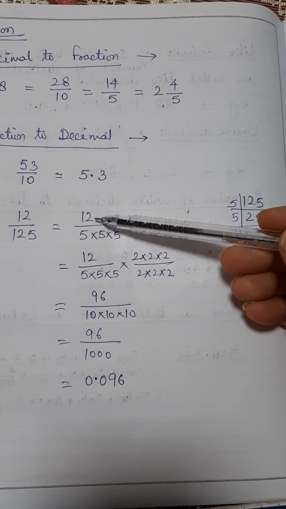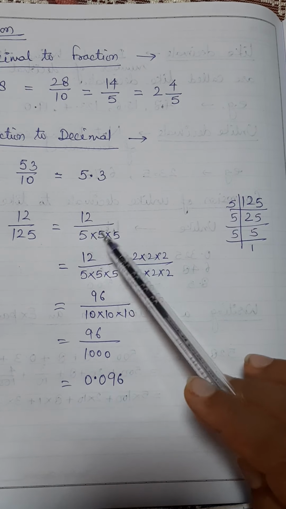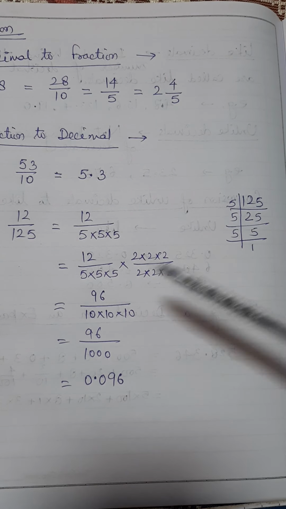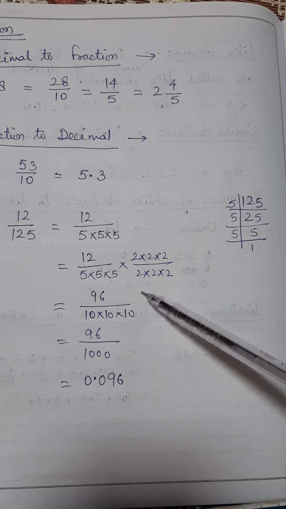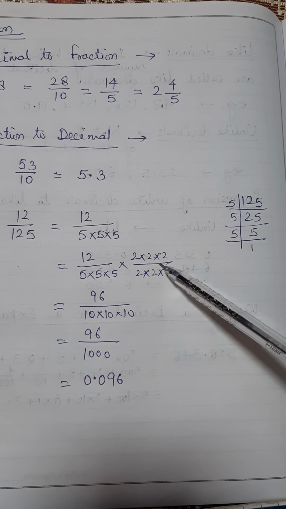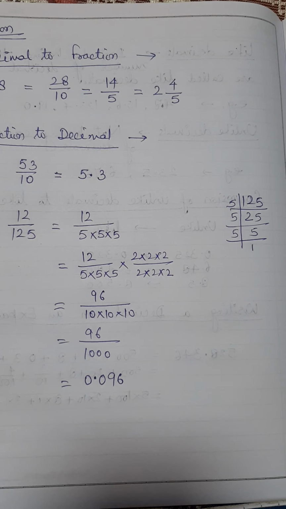So I have written it in the form 12 upon 5 into 5 into 5. Now count the 5s. We have three 5s, so we have to multiply by the same number of 2s, 1, 2, 3, in numerator and denominator both, so that the combined effect becomes 1.